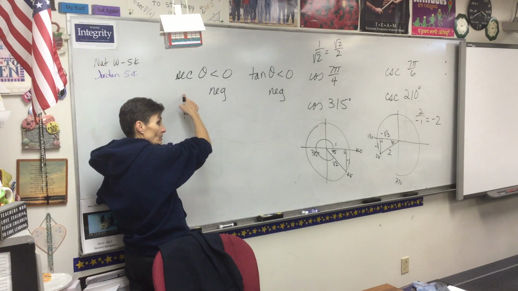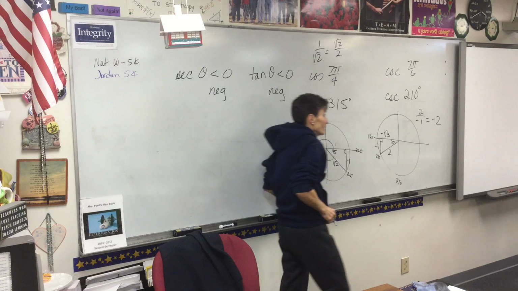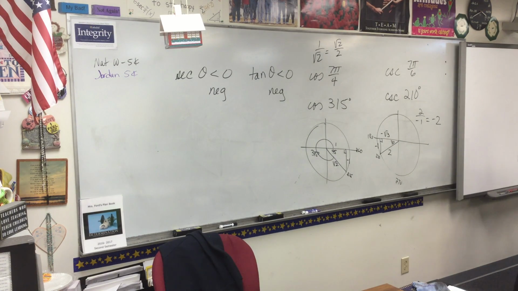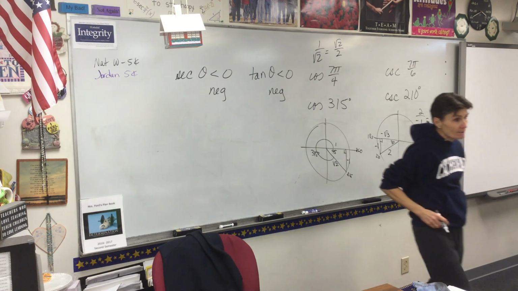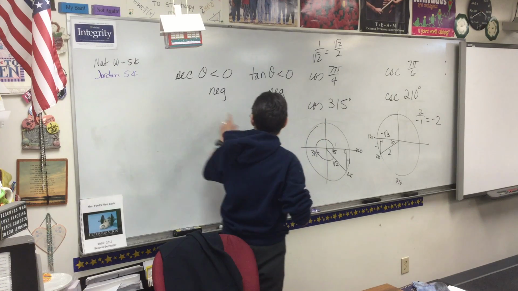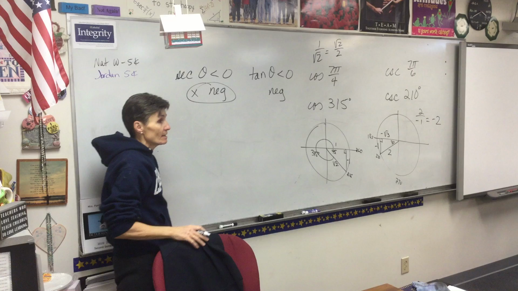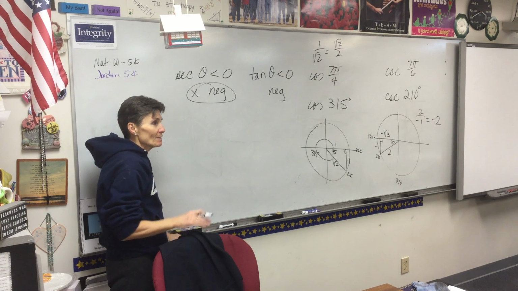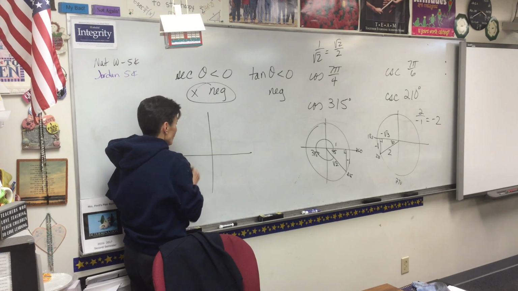Secant, boys and girls, is the reciprocal of which function? Cosine. Cosine is x over r. So if the secant is negative, it means x is negative. Uh-oh, it's not quadrant 4. Because if x has to be negative, we're over here, right?